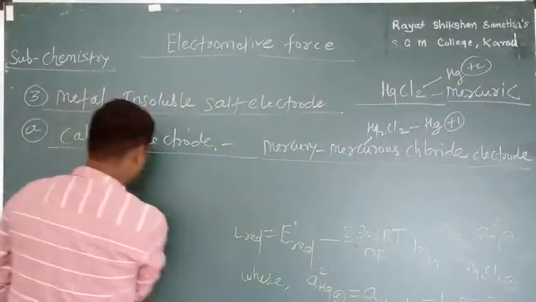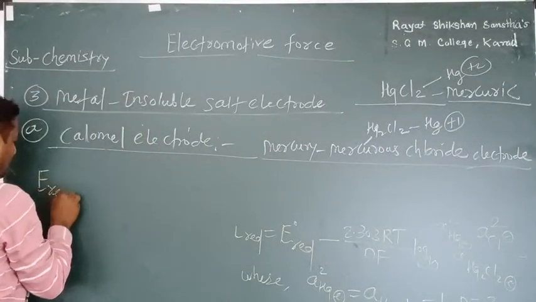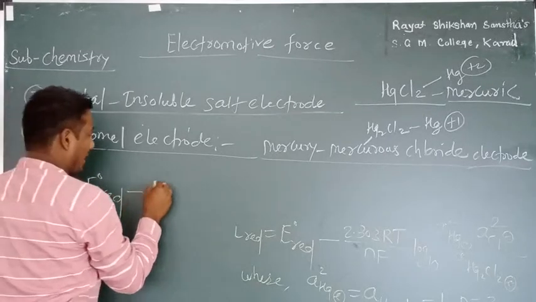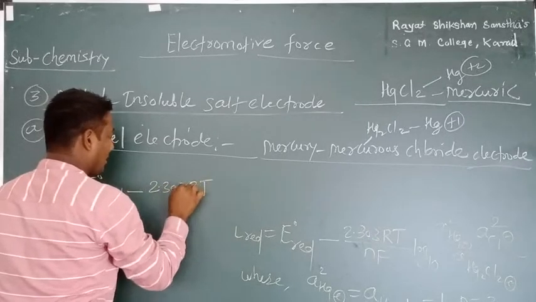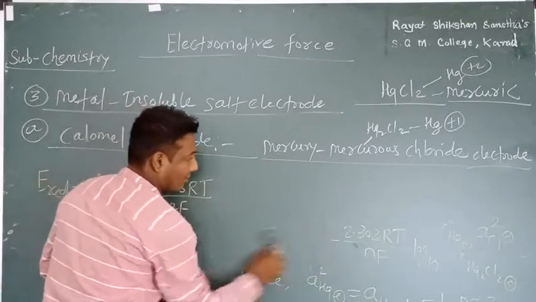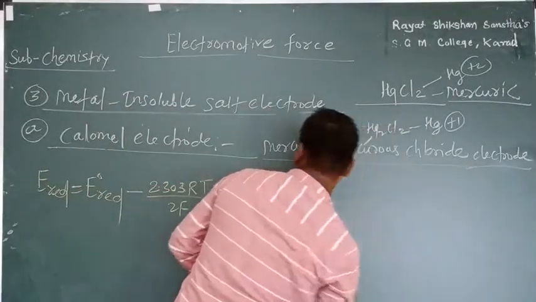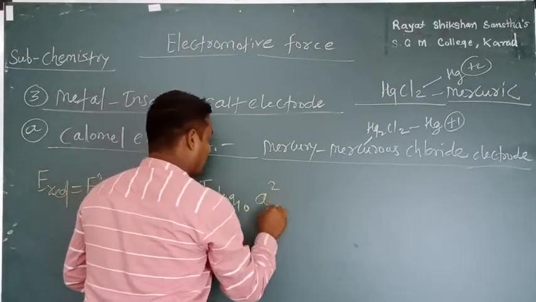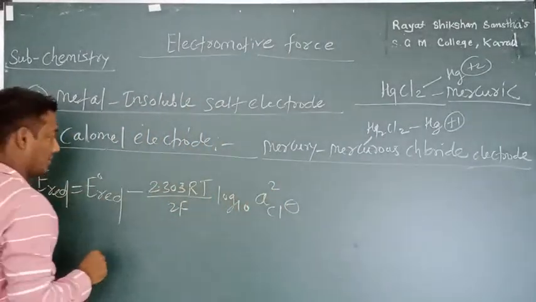Then put this value in the above equation. We will get E reduction equals E0 reduction minus 2.303 RT divided by 2F log to the base 10 of the activity of Cl minus. Don't forget to write down 2 as the power.